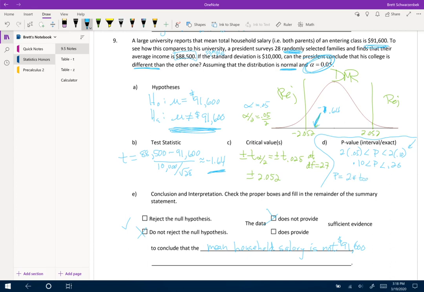So it's going to be 2 times the TCDF of, since we have a negative test statistic, let's start on the left side and go to that value at degrees of freedom equal to 27. If we do so, with it times 2, we're going to get 0.1126. Clearly that number is between our interval and checks out with exactly what we need. So we have our do not reject H0 conclusion.